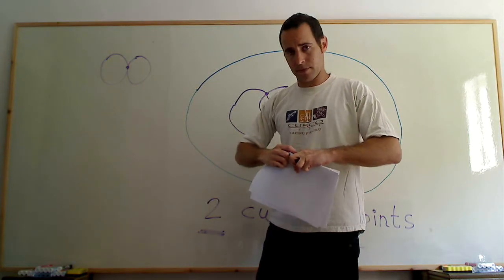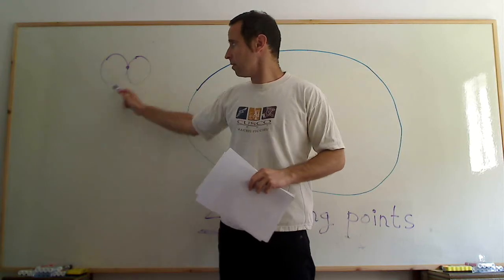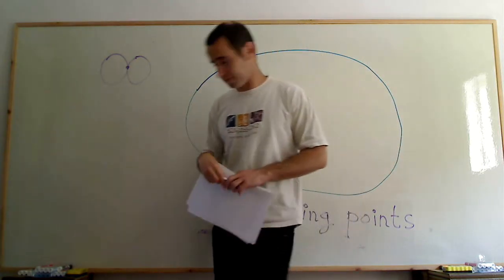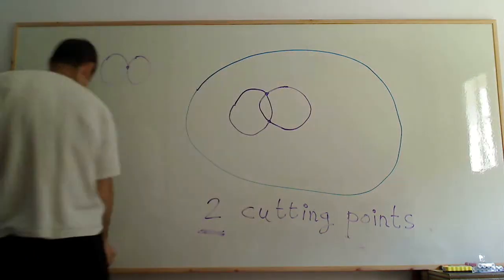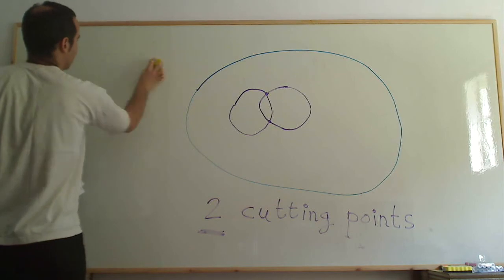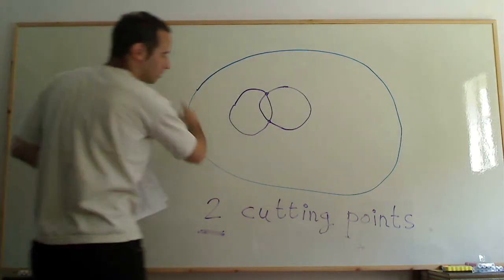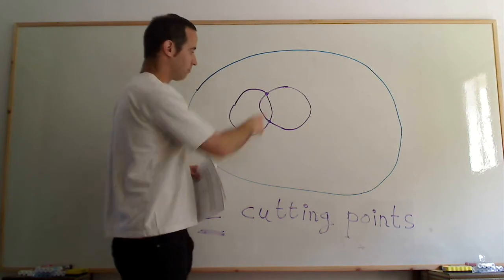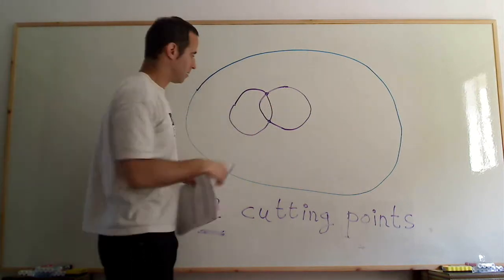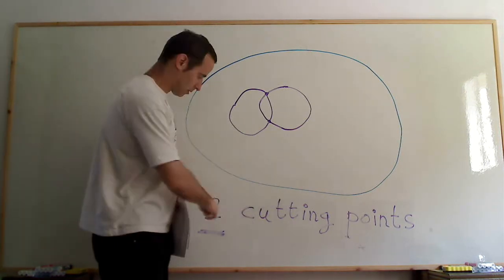So if it's like this, it's not called cutting. Here we have 0 cutting. So on a simply connected shape, if we have 2 closed curves, they either have 0 cutting or 2 cutting points.